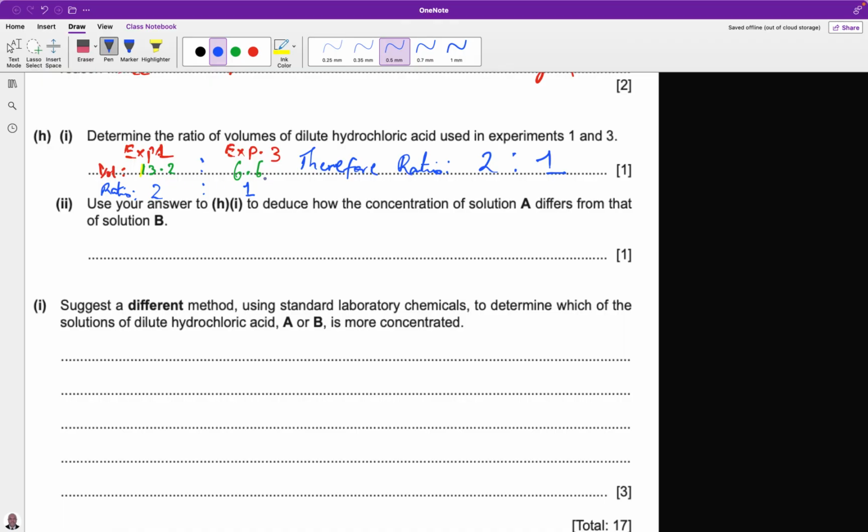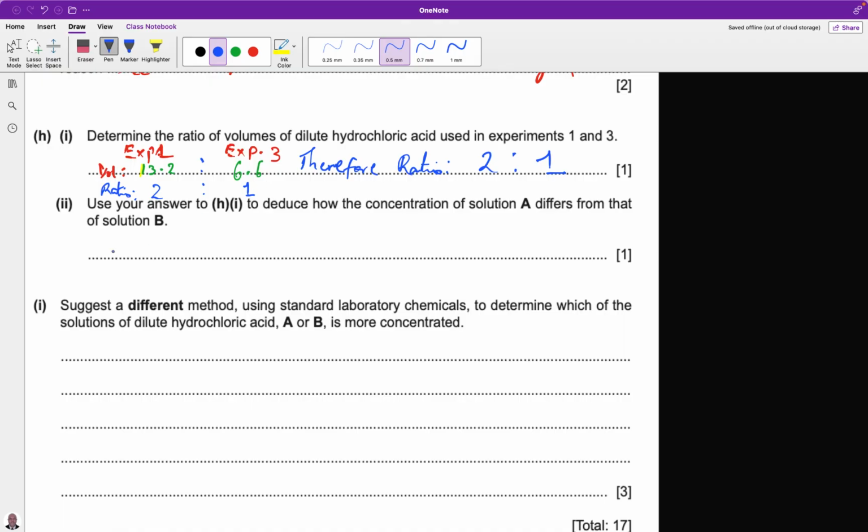Meanwhile, in experiment 3, the hydrochloric acid solution, which is solution B, required less volume to reach the endpoint. And if just a little volume of the acid was required for an endpoint to be attained, we therefore say this is highly concentrated. Solution B is more concentrated.